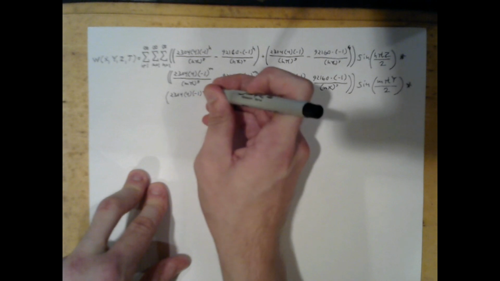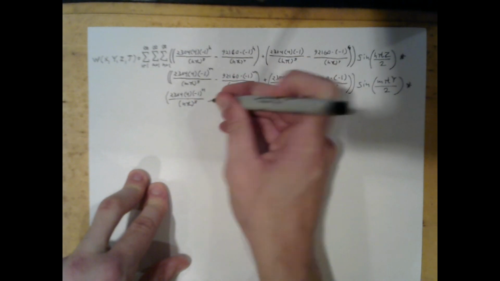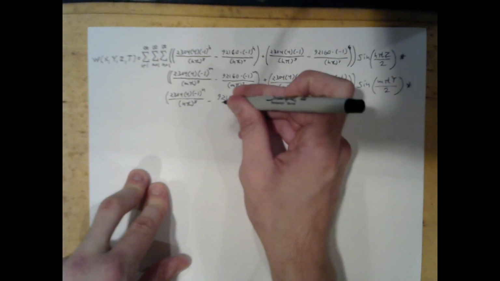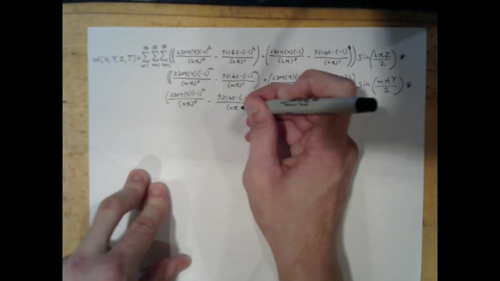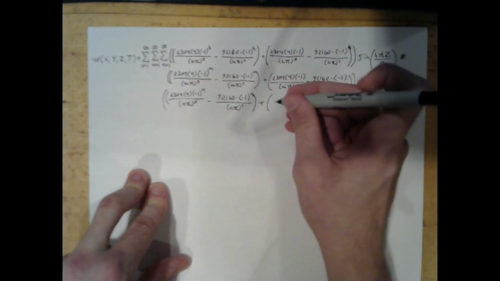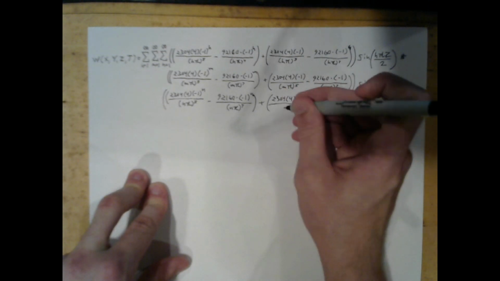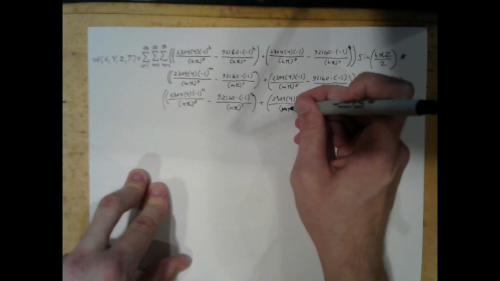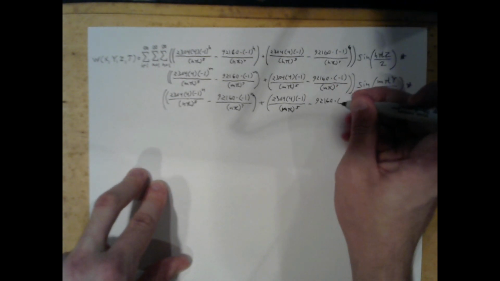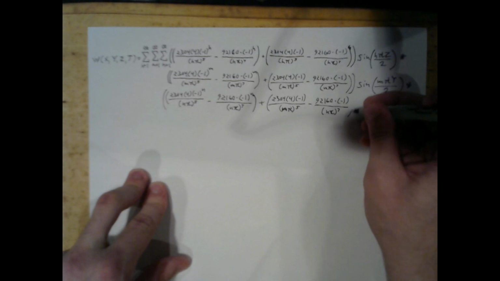2304 times 4 negative 1 to the n over n pi to the fifth minus 92160 times negative 1 to the n over n pi to the seventh plus 2304 times 4 negative 1 over n pi to the fifth minus 92160 times negative 1 over n pi to the seventh.